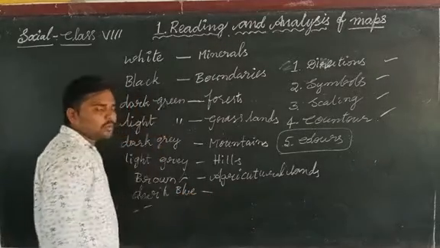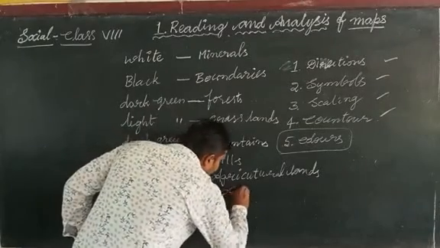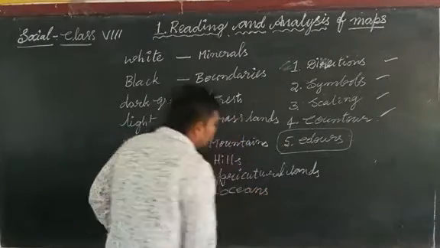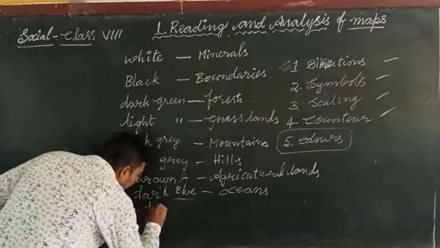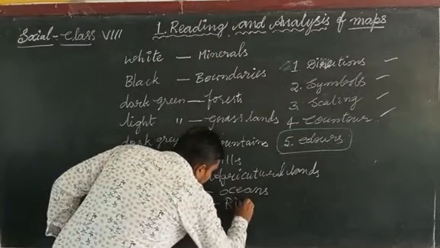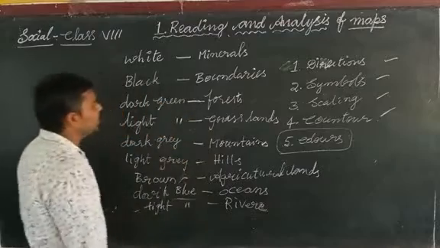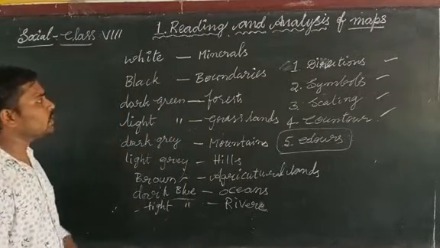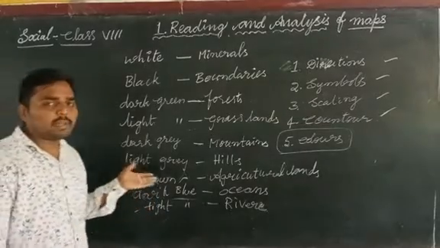And blue color, dark blue. Immediately you can say, blue means water, oceans. Dark blue represents oceans. Light blue represents rivers. These are the colors. With the help of these colors, we can represent so many things on the maps, on the thematic maps.